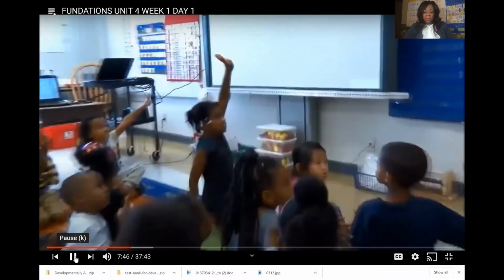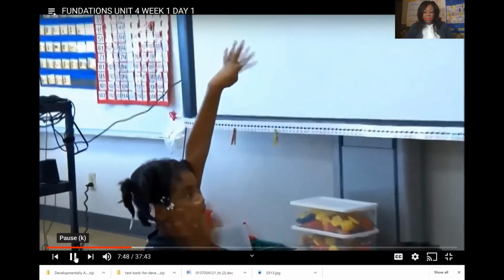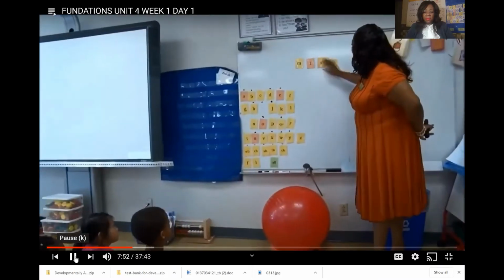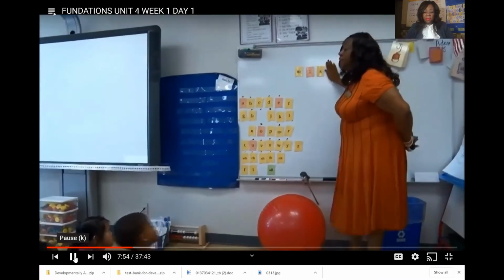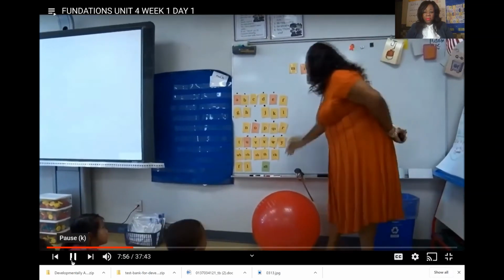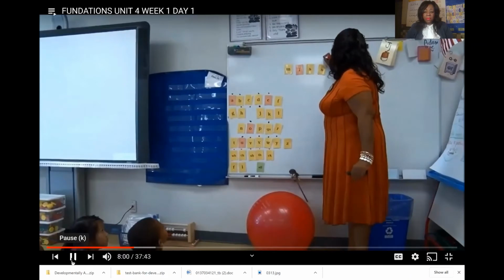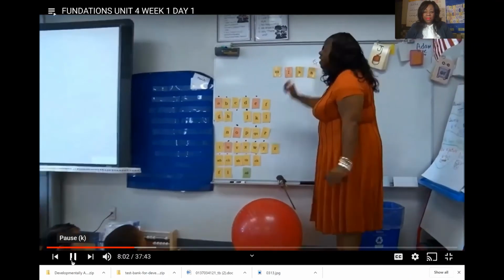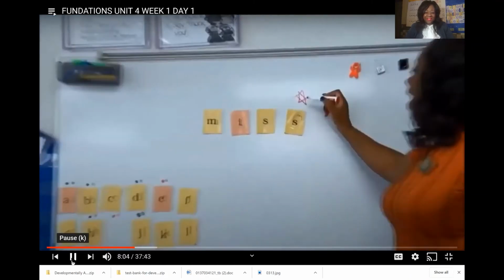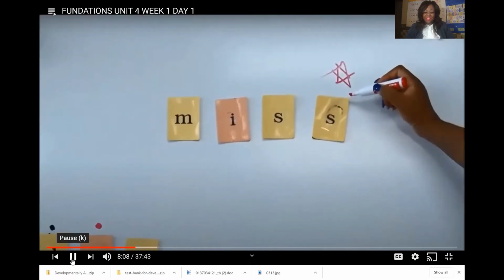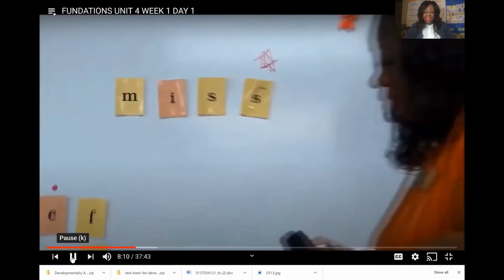I see 3 and I see 4. So the sounds in this word are, and this is bonus and it's silent. So when I mark that word, I would put what on the top? Does anybody know? This is new, so you don't know. Now you know. So when I have an extra S at the end of the word, I add a star. I add a star for the bonus letter.